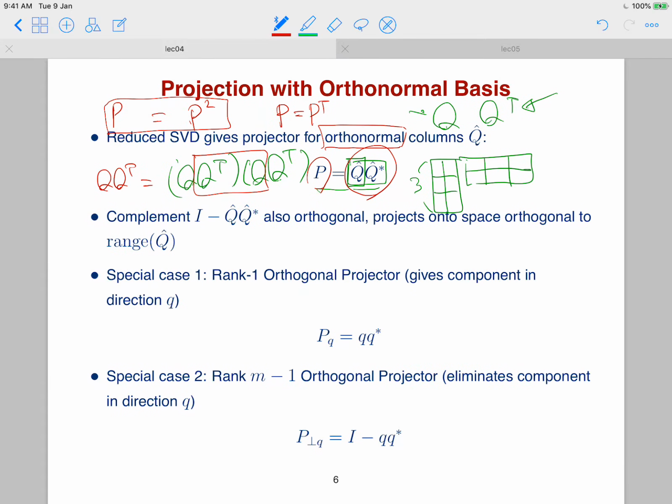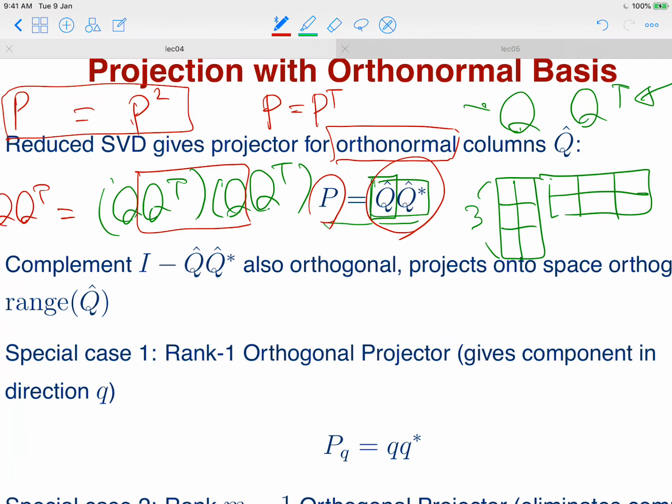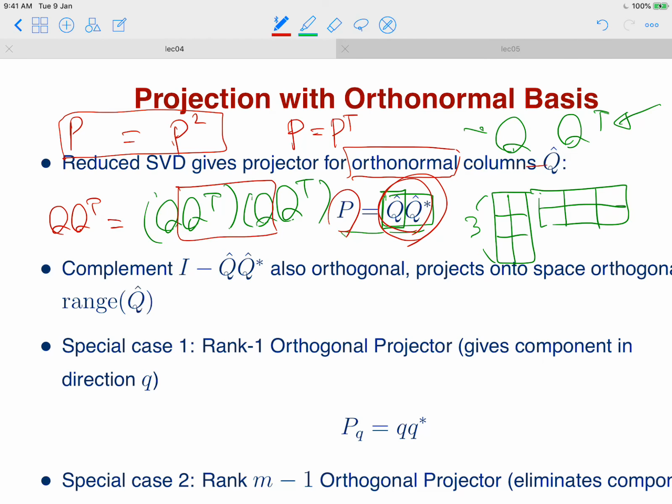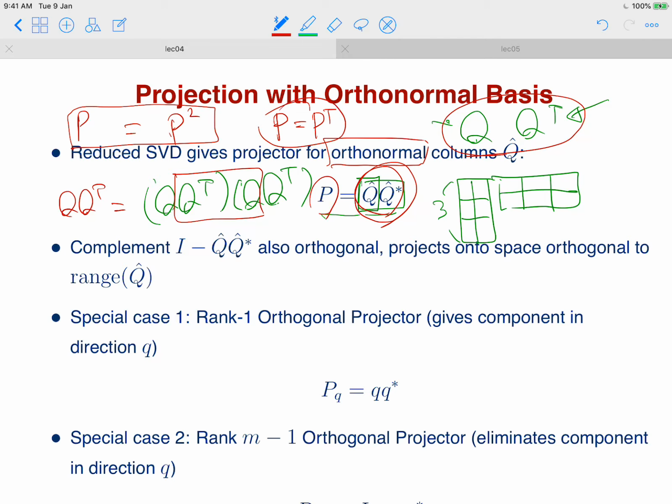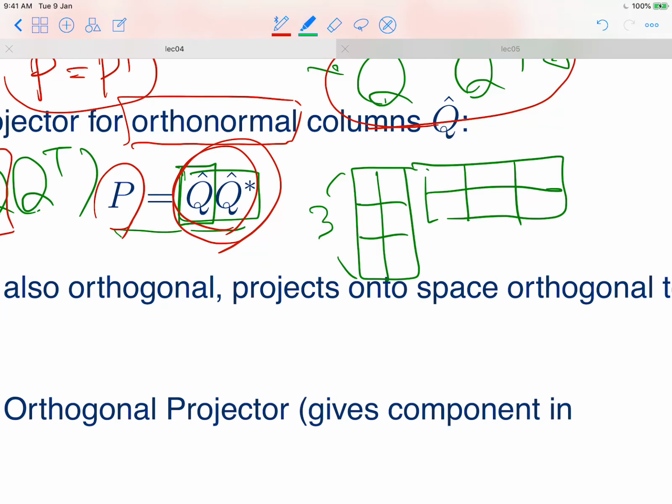And from this form, QQ transpose, if we just transpose it, we obtain the same matrix. And so we proved this is also satisfied. So these are the orthogonal projector.